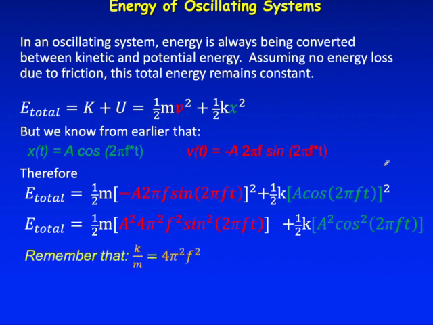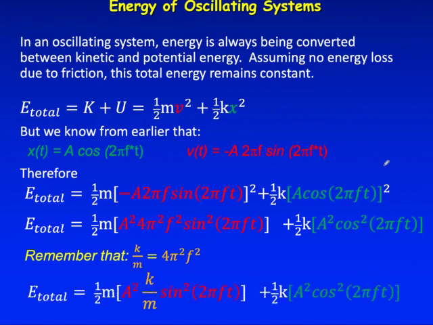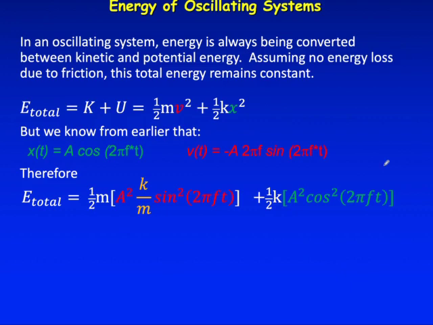And now, how do you simplify this down? If you remember from the other slide that k over m must equal 4 pi squared f squared, if I substitute that in for that term right there, I get this. And then if I take this equation here, notice that the m's cancel. So I end up with this.